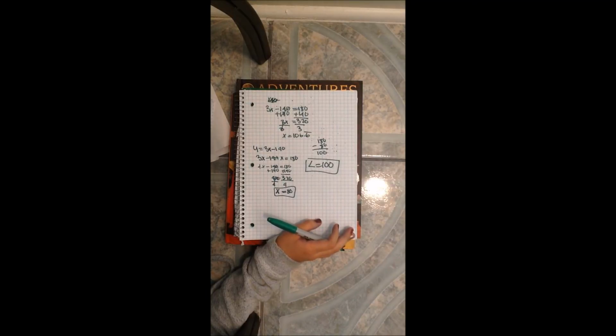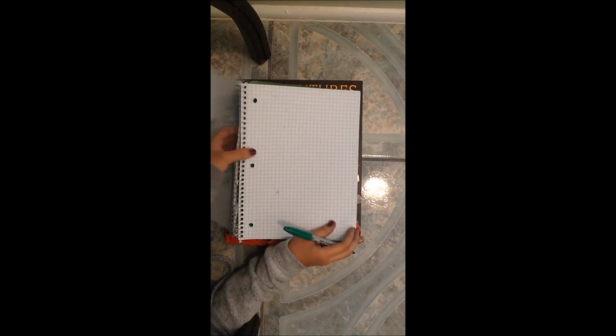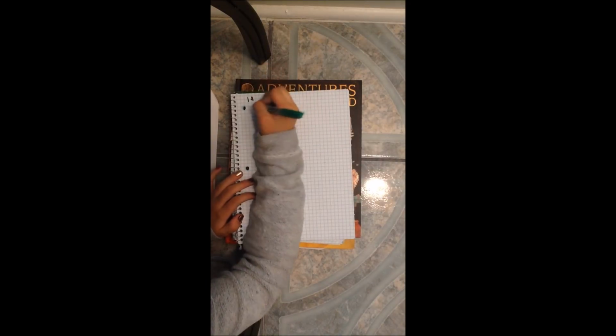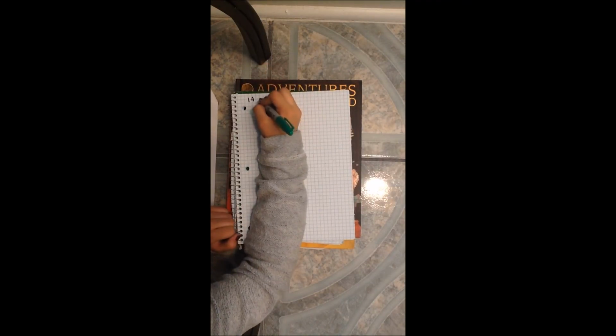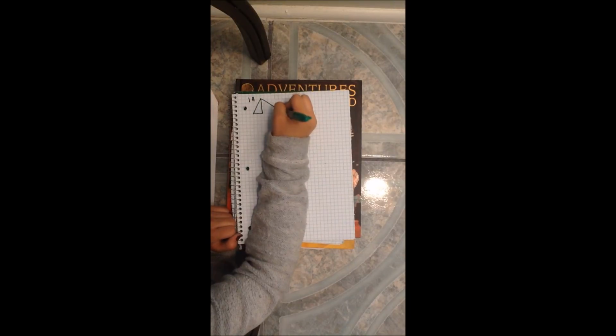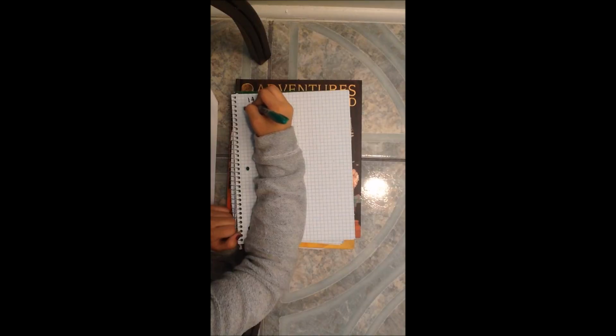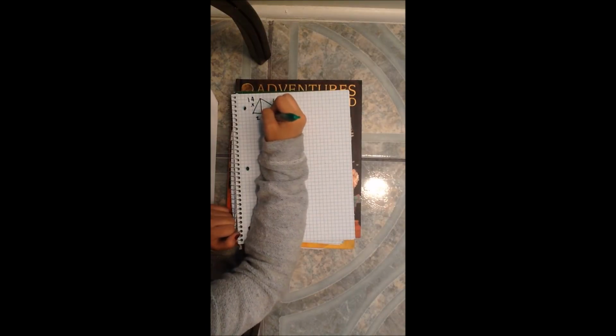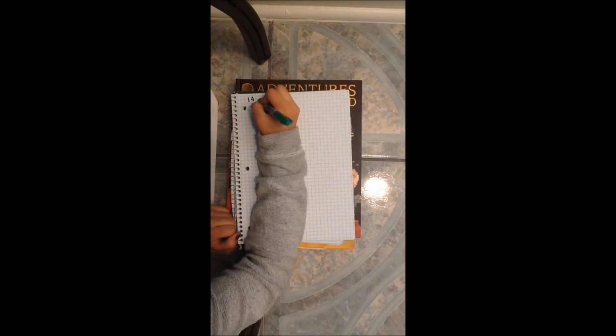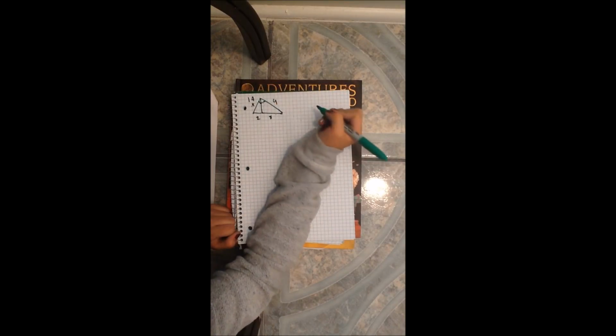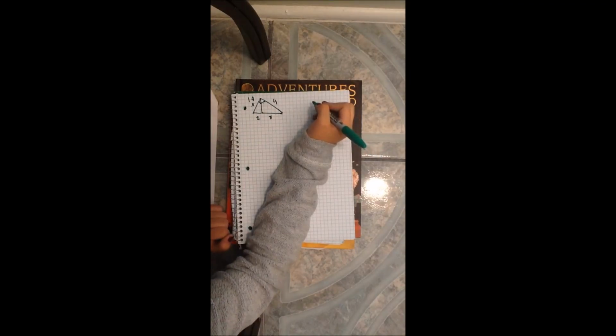Now, to do 14, I'm given a triangle. So y, x, 2, 8, this is a 90 degree, and I have to find x and y. So this is really easy.